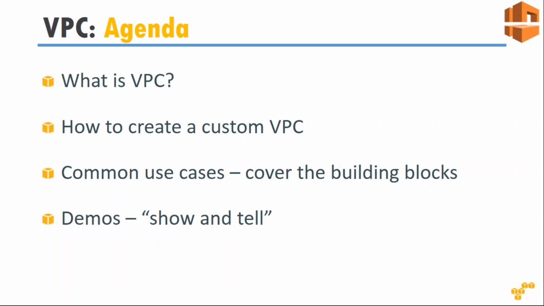So I would require all of your attention to be here, because this is one of the foundation blocks of AWS, and without understanding VPCs it would be very difficult when you are dealing with a lot of services.